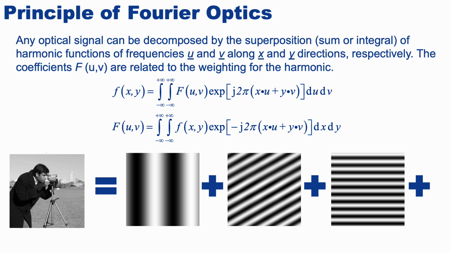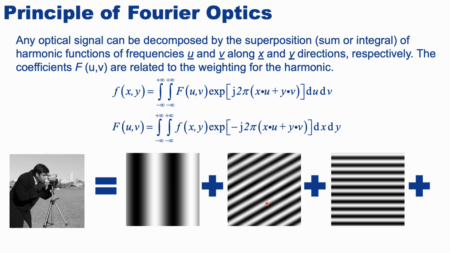So the principle of Fourier optics is that any optical signal can be decomposed as the superposition of harmonic functions which have frequencies related with the frequencies u and v.